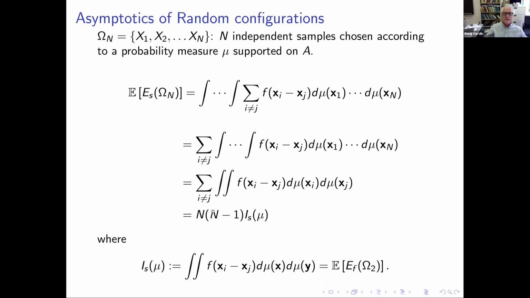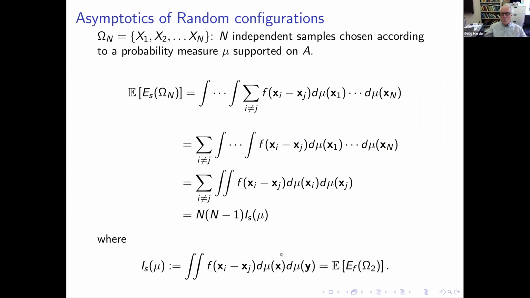There are n times n minus 1 of them. And we'll call this integral I sub f. In the case of the Riesz potential, this would be the absolute value of xi minus xj to the minus s. And so this should be I sub f right there.